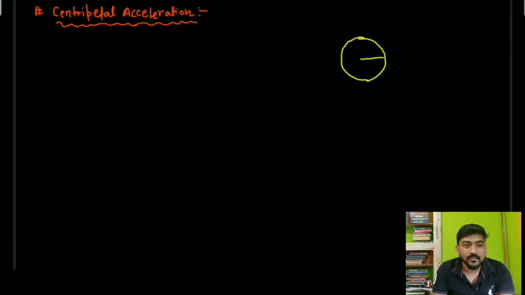Suppose this particle is moving along the circle. Initially it is in this position and the radius is r. Now after some time, let me suppose the particle is at this point, so it makes an angle theta here.